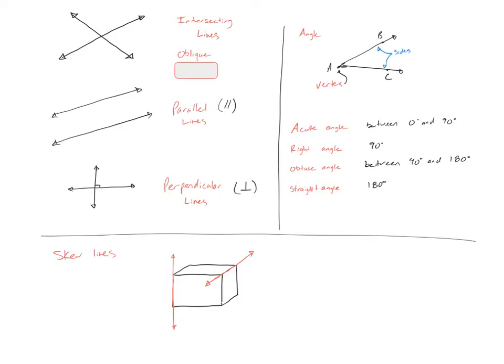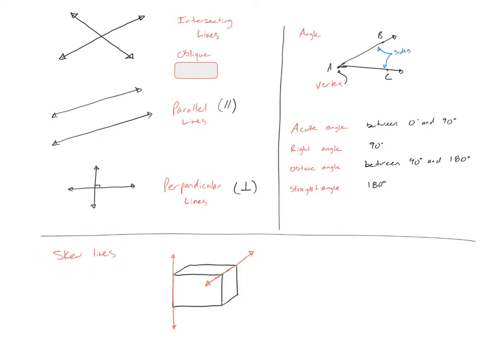So they're not in the same flat surface. So think about this right here being a box, right? So this one and this one do not ever touch each other. However, they're not parallel, because parallel would be in the same plane. So they don't touch each other, and if they're not in the same plane, then we call them skew lines.